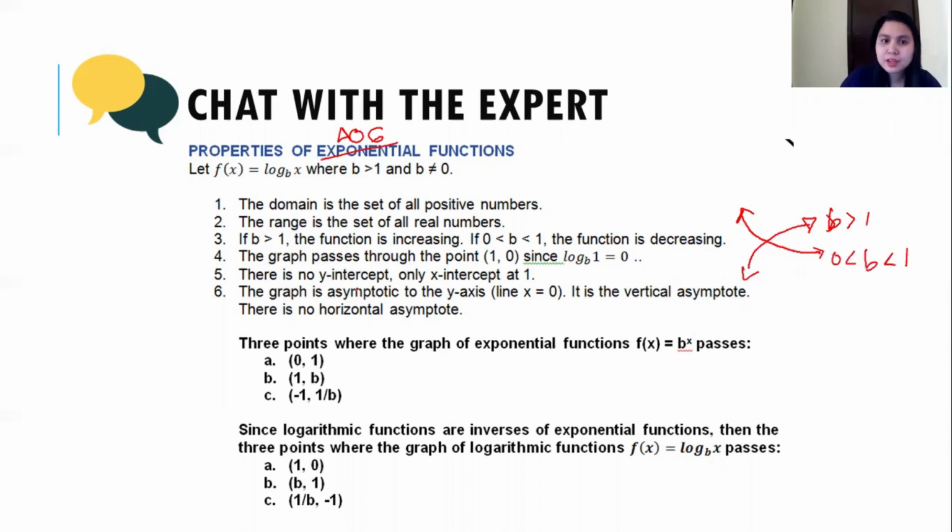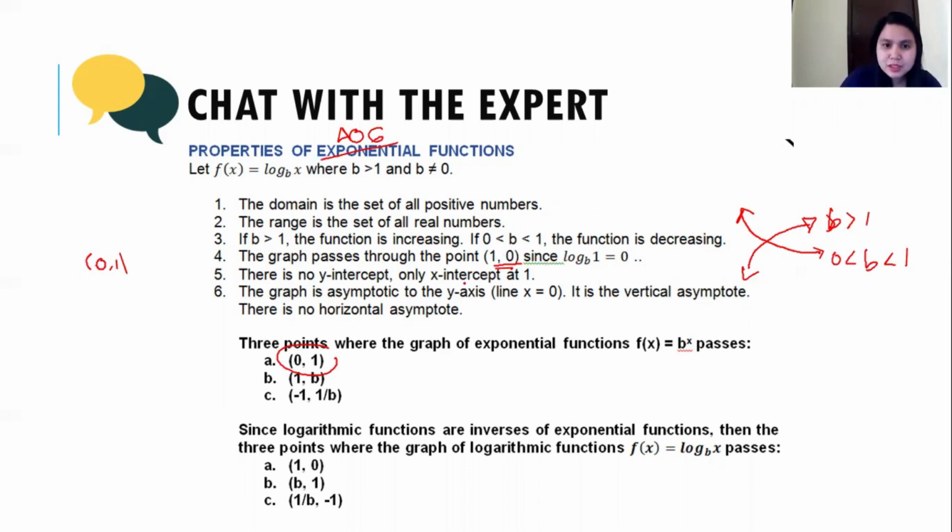And what else? Remember the exponential function passes by (0, 1) here, but the logarithmic function passes by (1, 0). So (1, 0) can be found on the x-axis.